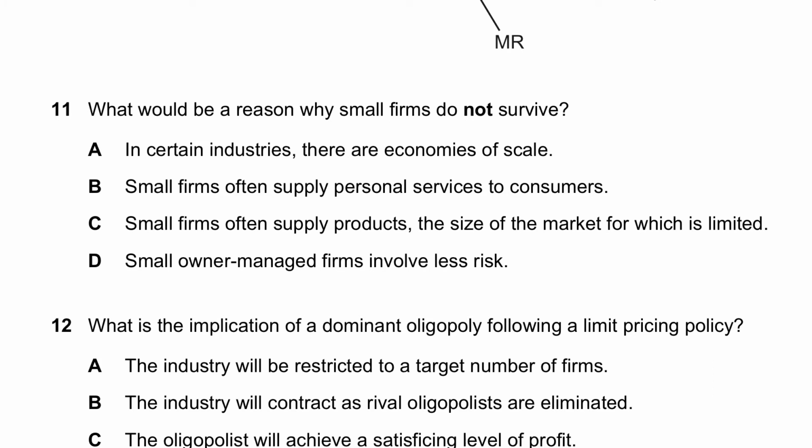In question 11, they say, what would be a reason why small firms do not survive? Well, one of the reasons why small firms do not survive is because in certain industries there are economies of scale. B says small firms often supply personal services. Well, that's a reason why small firms survive, and that's why the question is asking us why small firms do not survive, or what is the reason for large firms to survive.